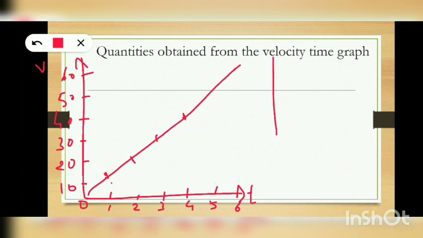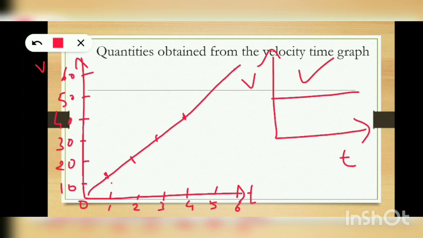Now consider the velocity time graph like this. Do you remember this velocity time graph? Yes, this represents the graph for an object moving with uniform velocity or zero acceleration. Is it possible to obtain acceleration from this velocity time graph? No. Why?